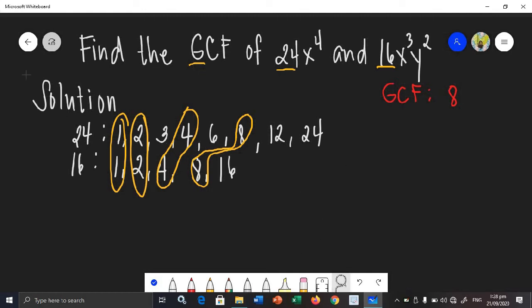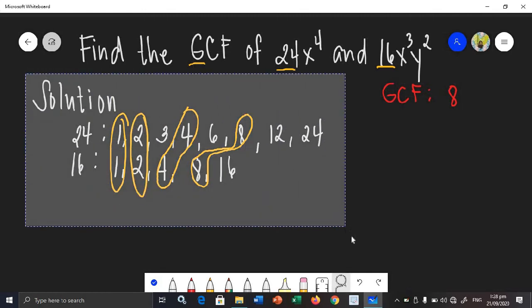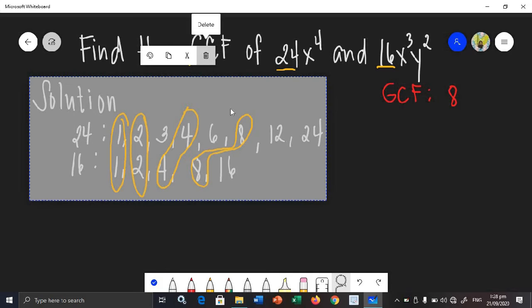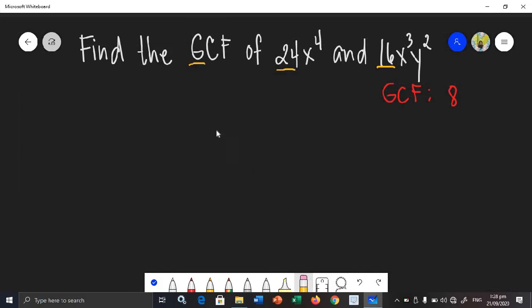How about the variables? Paano natin makukuha yung greatest common factor ng variables? So, may condition kapag kukuha tayo ng greatest common factor ng variable. Sabi, kailangan kapag kumuha tayo ng GCF ng variables, yung base nila magkamukha or yung variable nila magkamukha. Kapag yung isa walang same na variable nun, therefore we cannot get the GCF.